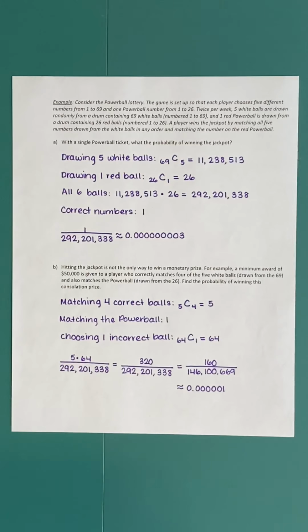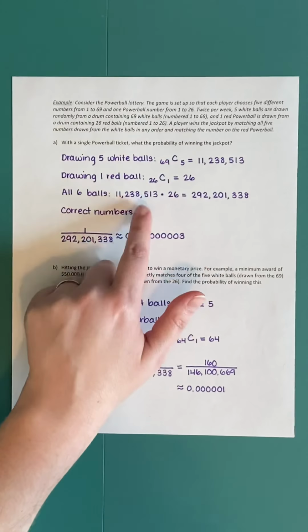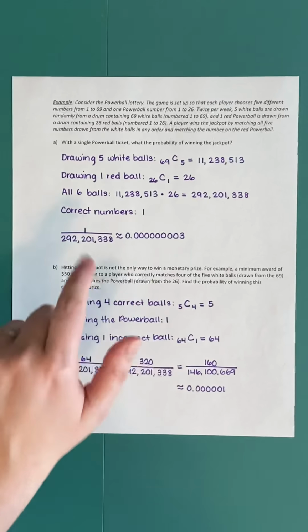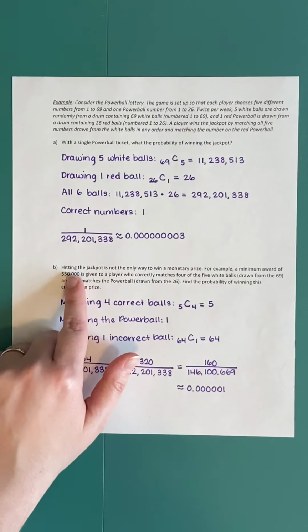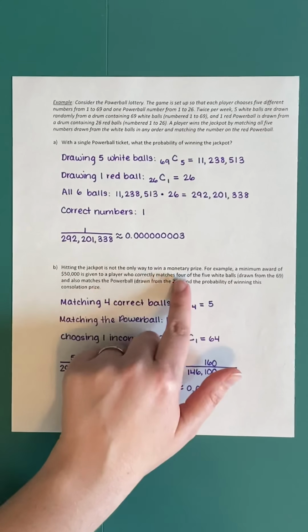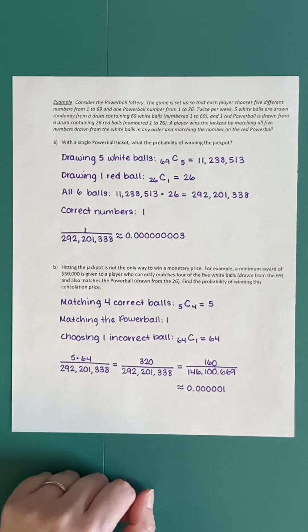What's going to change is the numerator, because we're interested in a different event. So the first event was winning the jackpot. There's only one way to win the jackpot, so the numerator was 1. Now we're winning a consolation prize by matching 4 out of the 5 white balls and then the 1 Powerball.